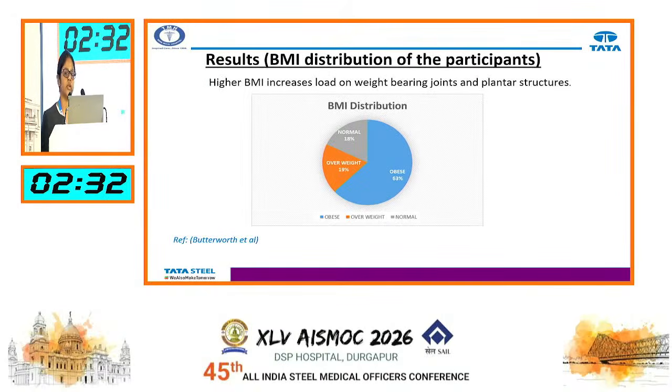We have also included the BMI of the participants. Here 63% are obese, 19% are overweight and 18% have normal BMI. Literature has also shown that higher BMI increases load on weight-bearing structures and plantar structures, thereby amplifying the lower musculoskeletal issues even more.